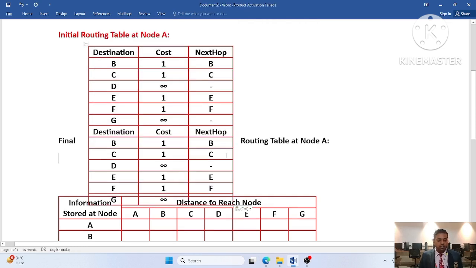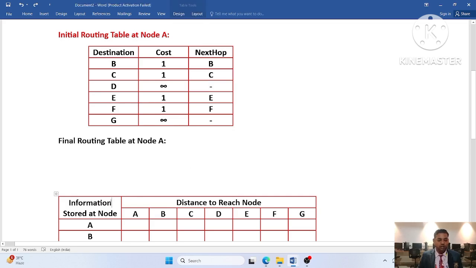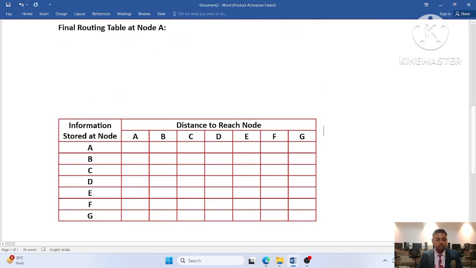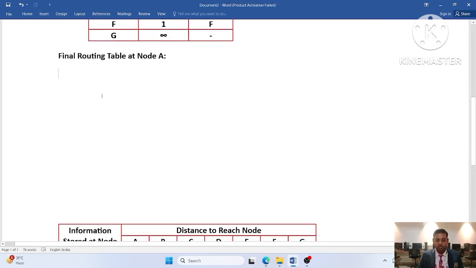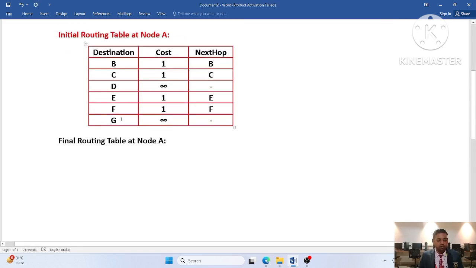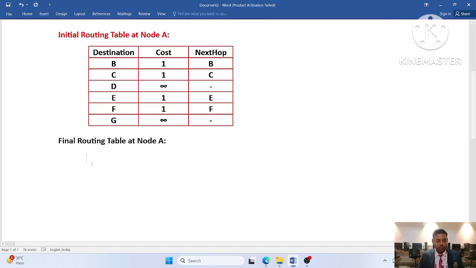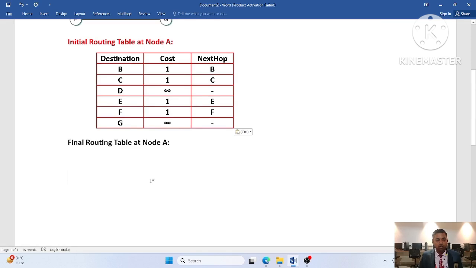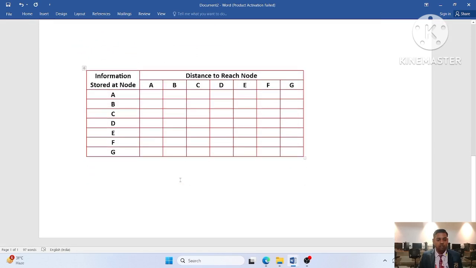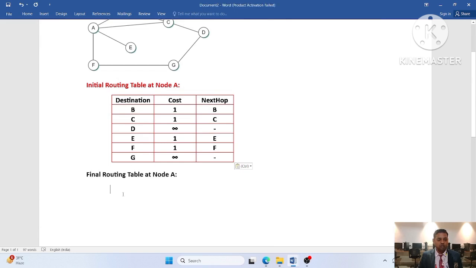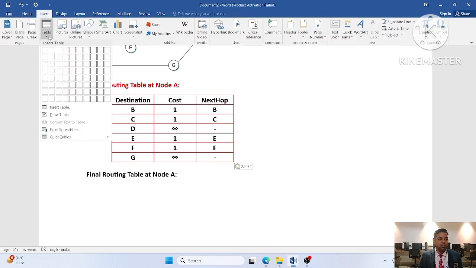So we have to construct the same table again. So let me insert the table.